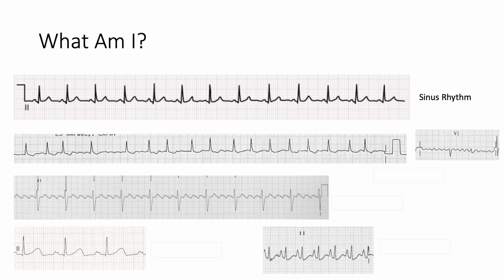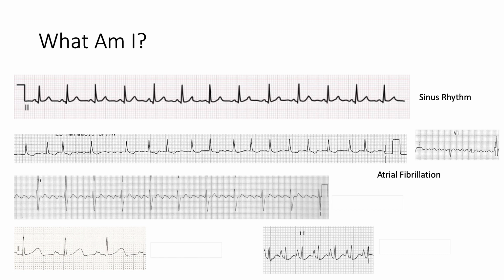So it's all over the place, and you can't really make out any P waves. So this is lead 2 here. If we have a look at V1, we can see that there are no P waves there. It's just, for a lack of better words, fibrillating. It's atrial fibrillation.